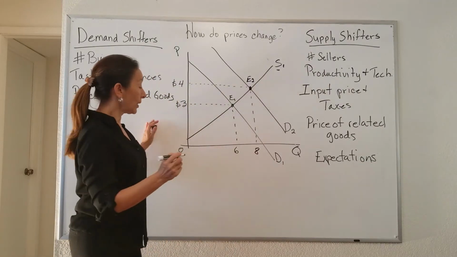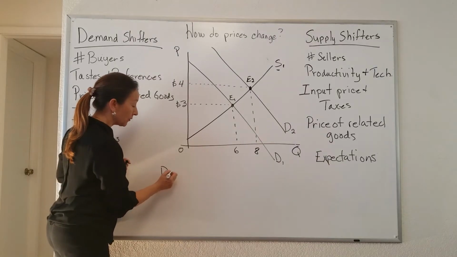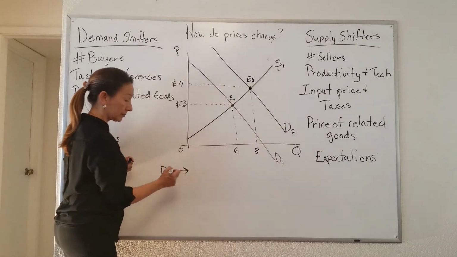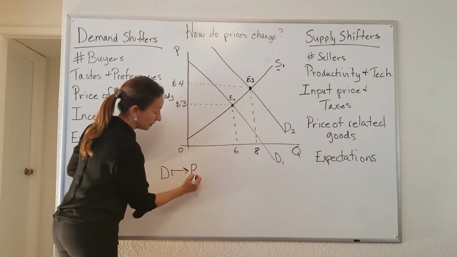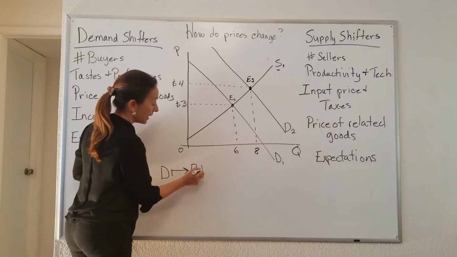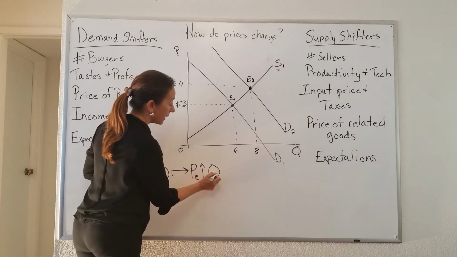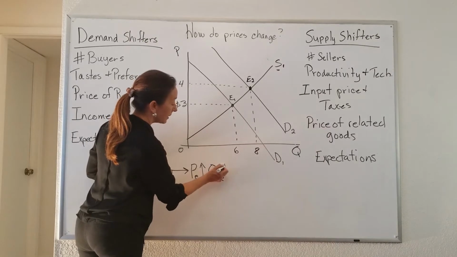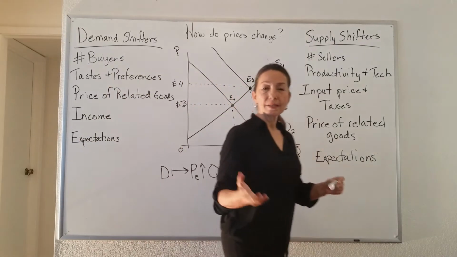What has happened, and you want to write this down: when the demand curve shifts to the right, our equilibrium price, PE, remember that means equilibrium price, is going to increase, and our equilibrium quantity is going to increase. We see this in real life.